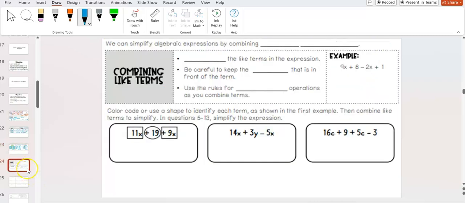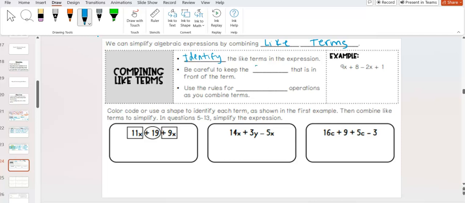Okay, now let's start combining like terms without the model. So we can simplify algebraic expressions by combining like terms. There's that word again. It's very important. Okay, so we are going to go ahead and identify the like terms in the expression.